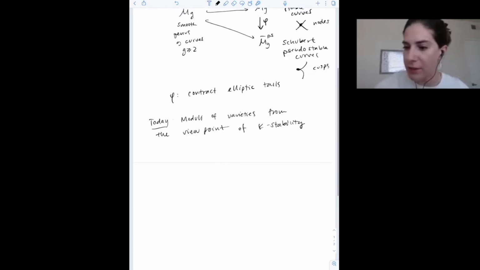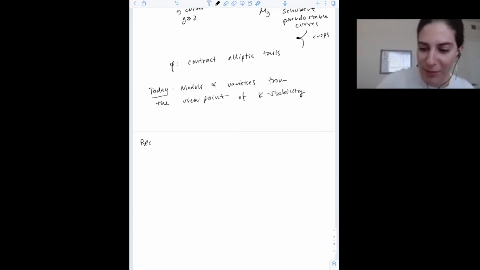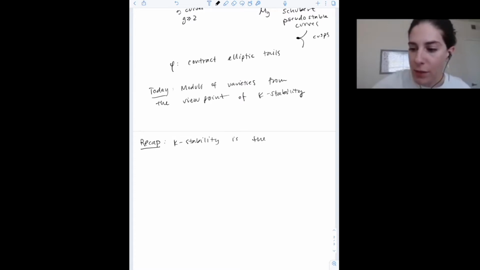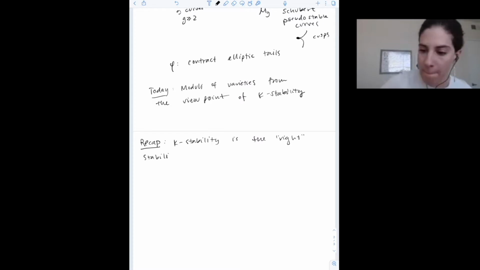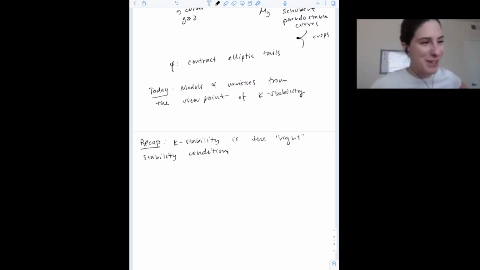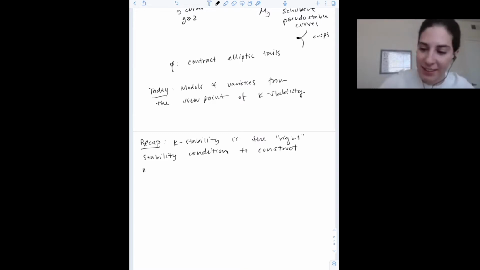And I guess maybe I can call this a recap. Not that everyone should know this already, but the main theorem is that K-stability is the right stability condition, this is a value judgment, so you may disagree, which you're welcome to, to construct moduli, or at least a well-behaved moduli space of log Fano or just Fano varieties.